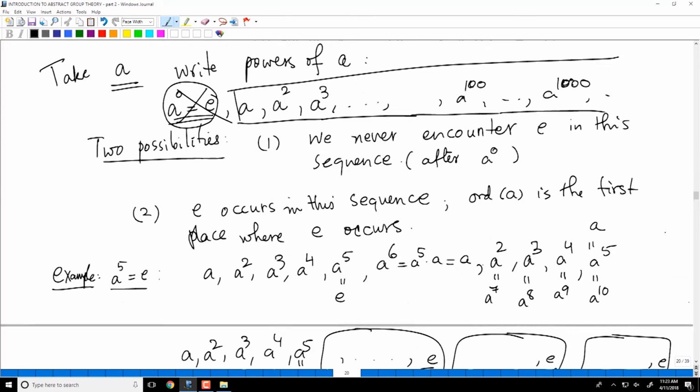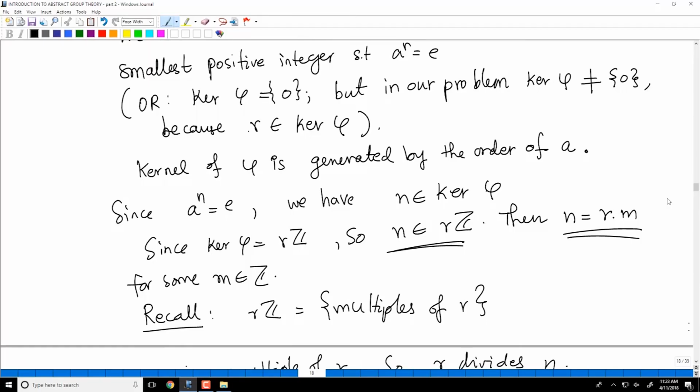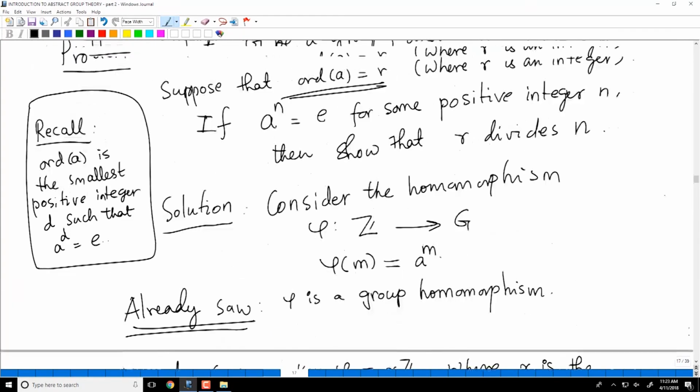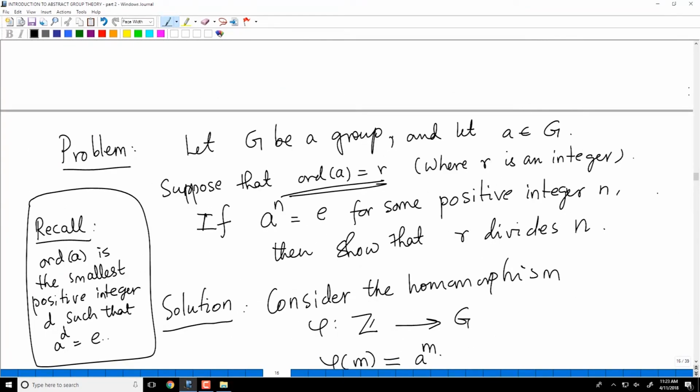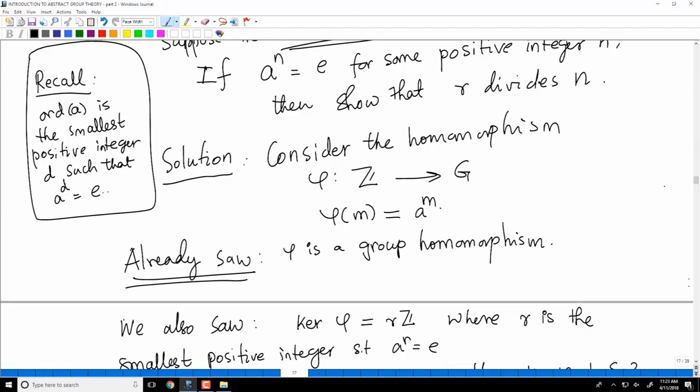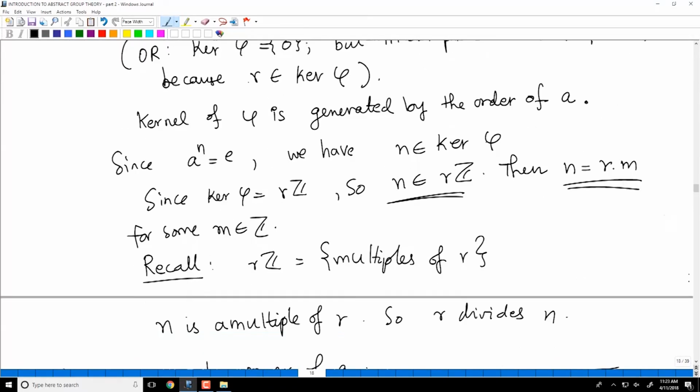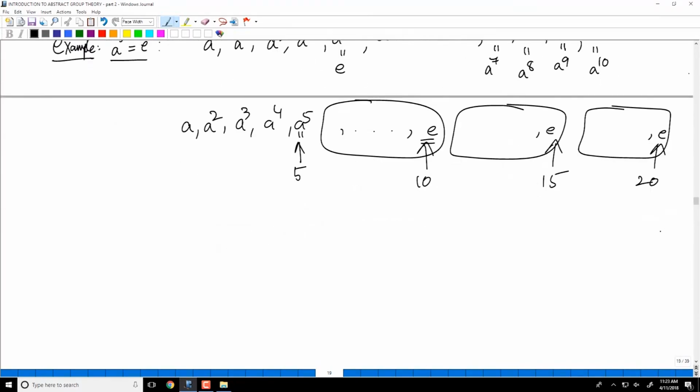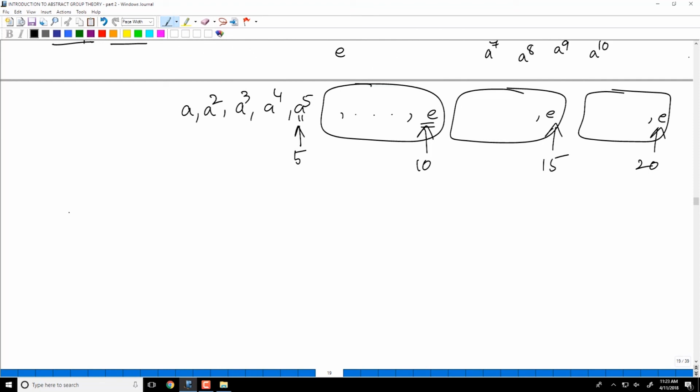Okay, so the problem is essentially encapsulating the data that we just discussed. If A power n is E, then n must be a multiple of the first time you encountered E in this sequence. And let me quickly illustrate both of these possibilities. Both of these possibilities occur. For example, if you take the group to be Z and a to be, let's say, 3.